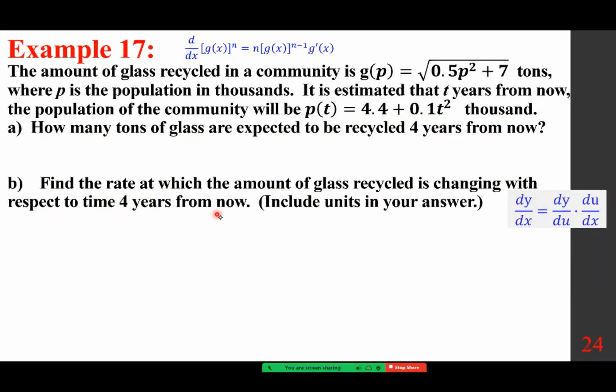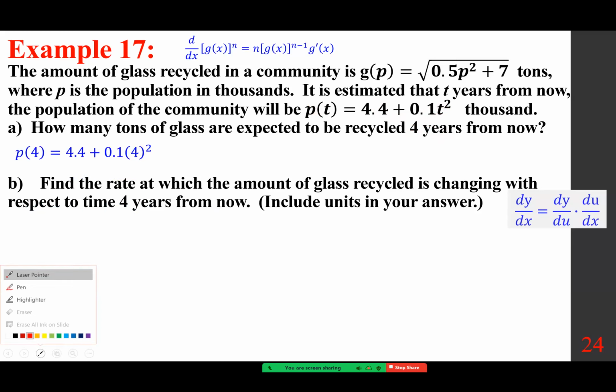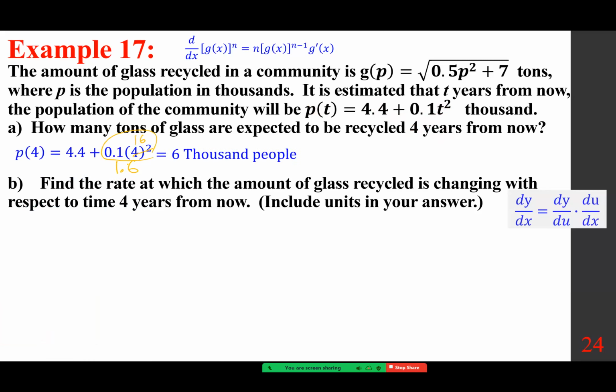Great. So again, the first part is very straightforward. We are looking at elementary algebra where t is given as 4 years. So if we calculate the population by replacing t with 4, 4 squared is 16, times 0.1 is 1.6. With 4.4, we get 6, in thousands.